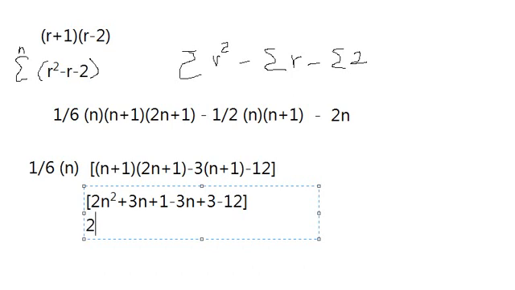So you get 2n squared plus 3n minus 3n, which is 0. So we are just looking at the constant term, which is 1 plus 3 minus 12, which is 4 minus 12.